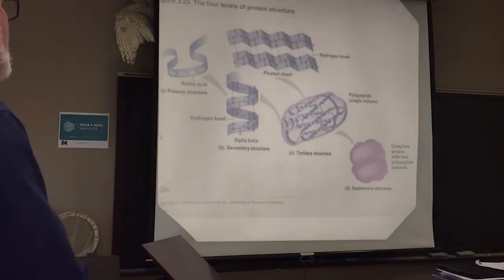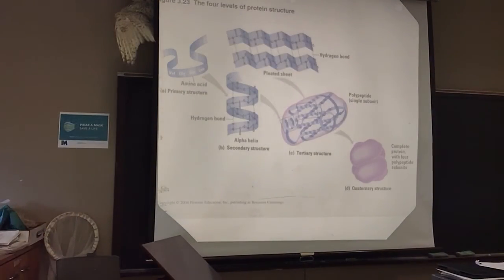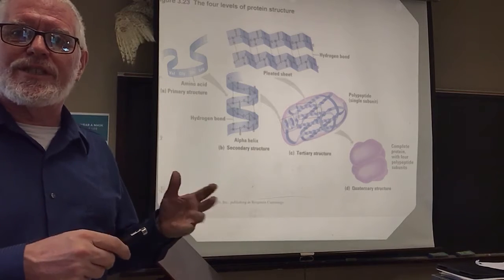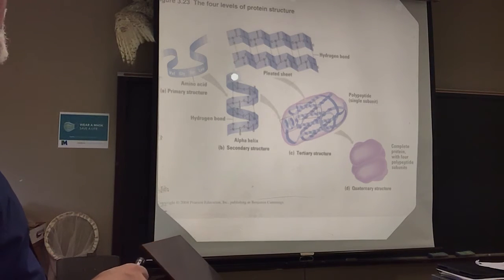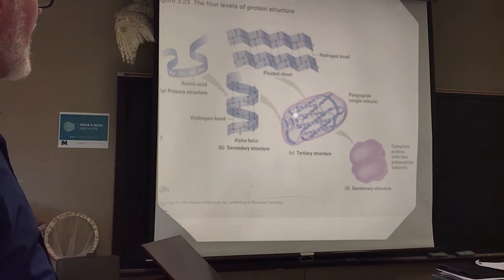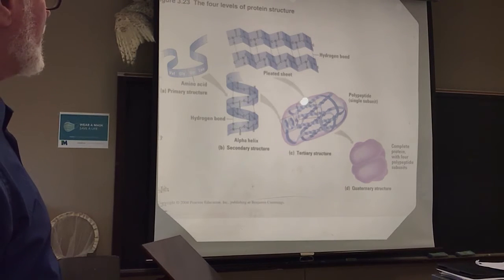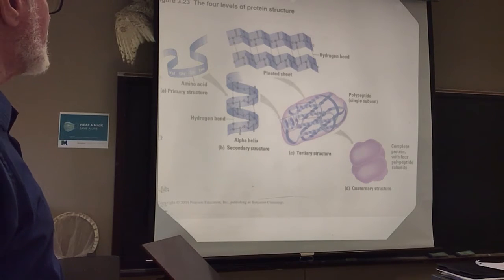So, here's a pleated sheet up on top. They have hydrogen bonds, you know, these partial charges that connect things. Hydrogen bonds holding the sheets together. Here's one of the helices. Inside a bigger protein, you've got these in some places, you've got the pleated sheets in another place.